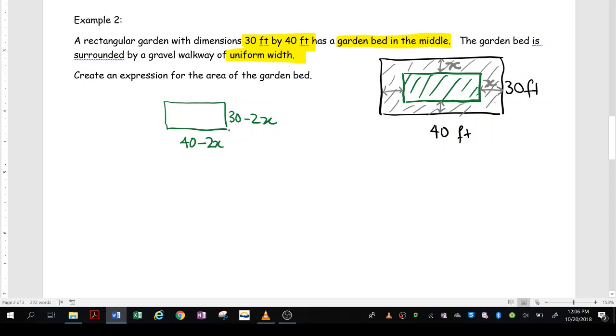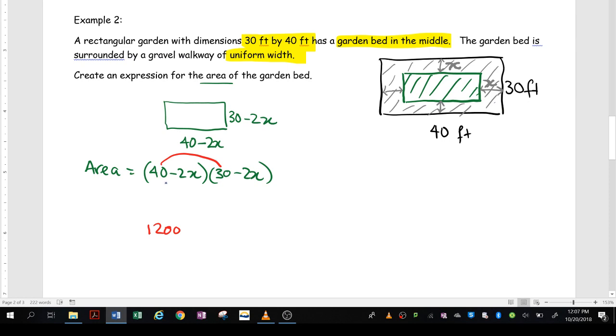So with that information, we can now calculate the area. So the area of any rectangle is the length times the width, and in this case we have 40 minus 2x times 30 minus 2x, and we're going to expand by FOILing and then simplify. So 40 times 30 gives us 1200.